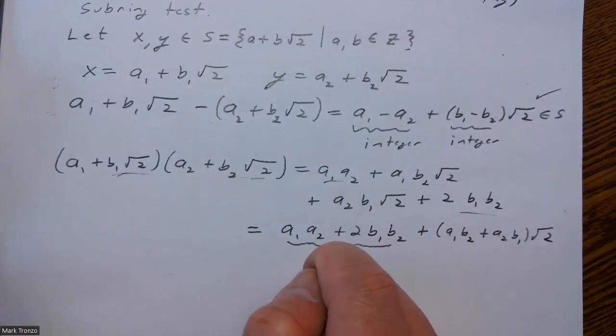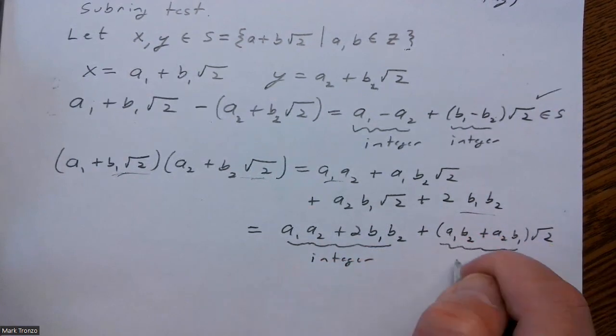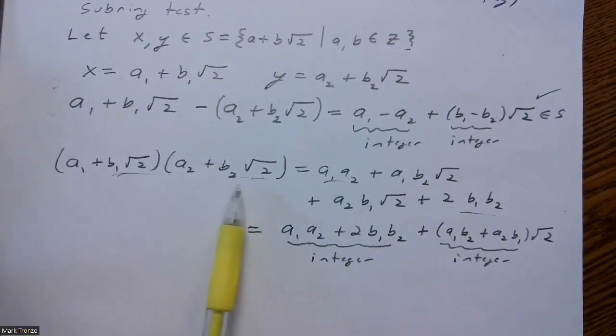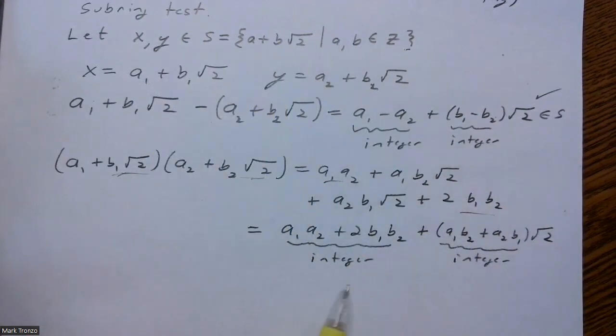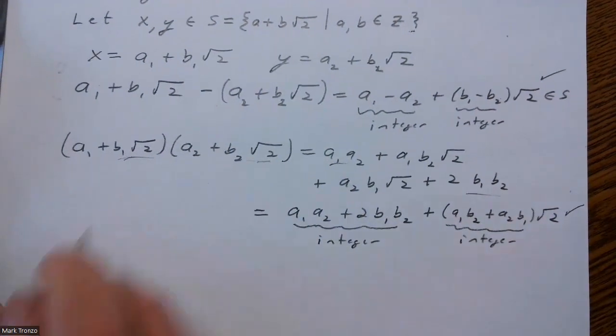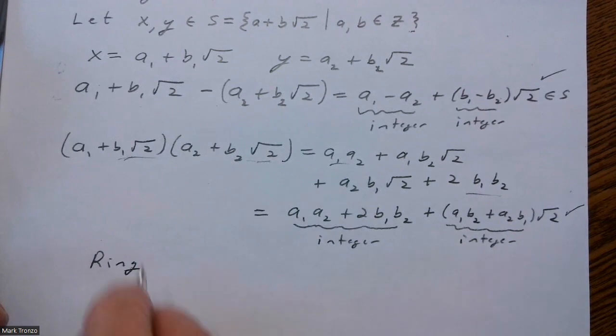Here we got an integer again, and an integer times square root of 2. So we multiplied two typical elements in the set and still got another element in the set because it has the same form. So this is going to be true, and so this is going to be a ring, and also it commutes. So it's going to be a commutative ring.